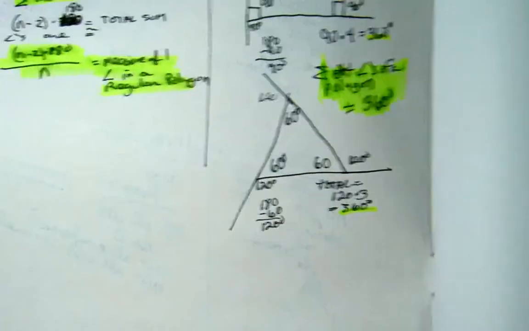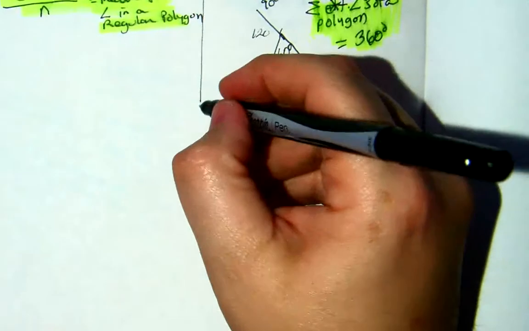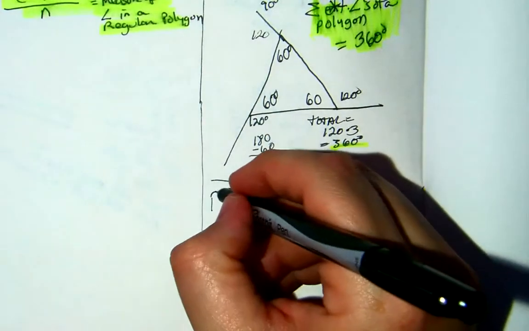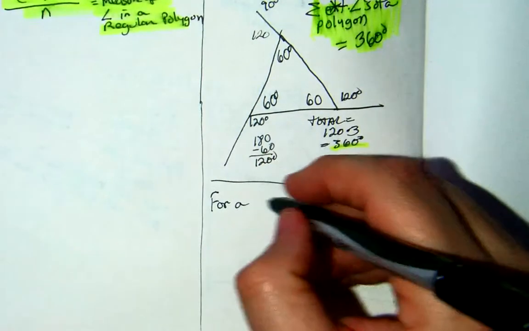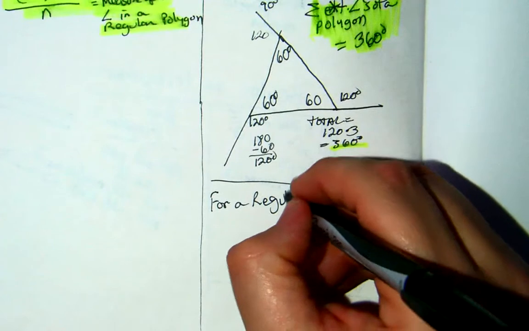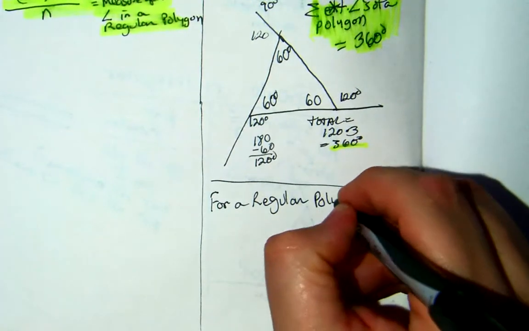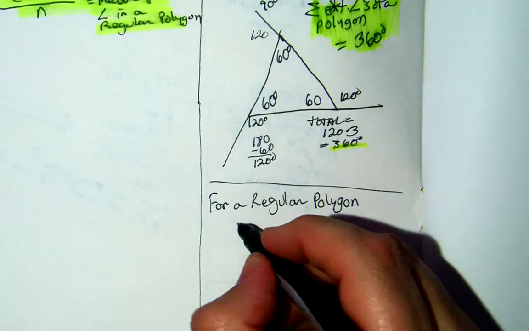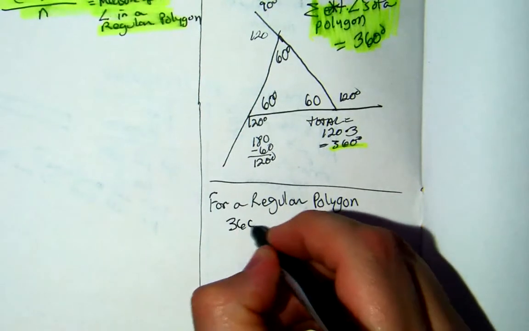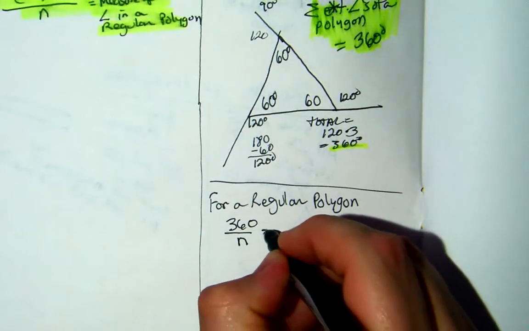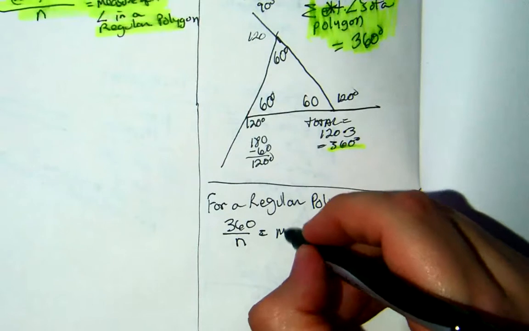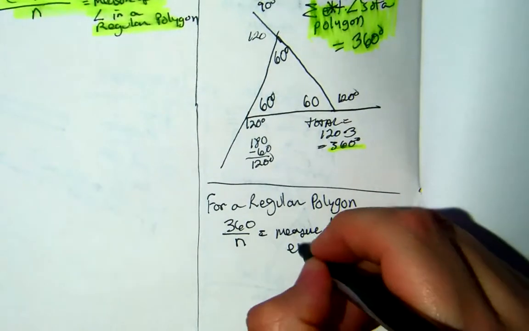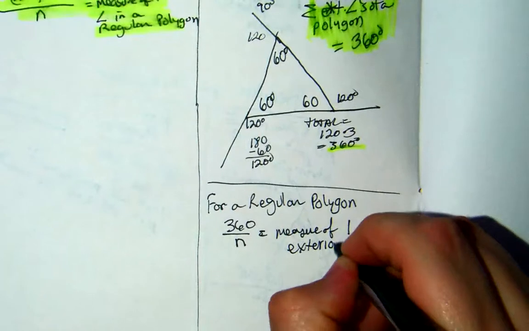Now, unfortunately, with regular polygons, everything's all messed up. For a regular polygon, we're going to go 360 divided by n is equal to the measure of one exterior angle.